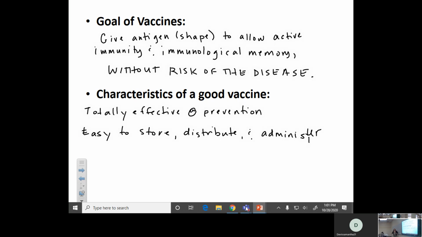It should be easy to get it to the places where people need it. And it should be easy to give to people, like through a shot, or there used to be some older vaccines that they would put on a sugar cube. And then your grandparents and great-grandparents would eat a sugar cube that had polio vaccine in it. They were probably much more happy to do that than kids getting shots.